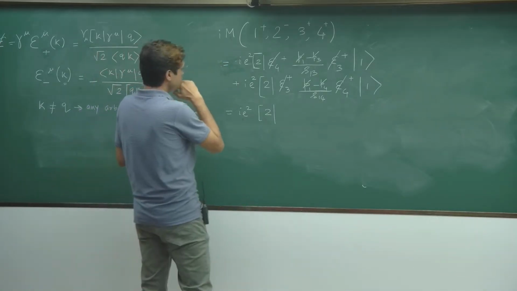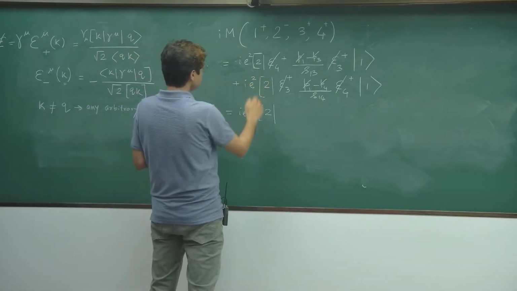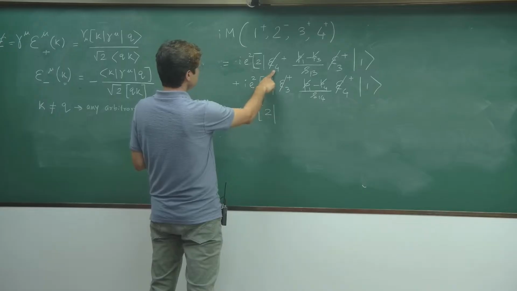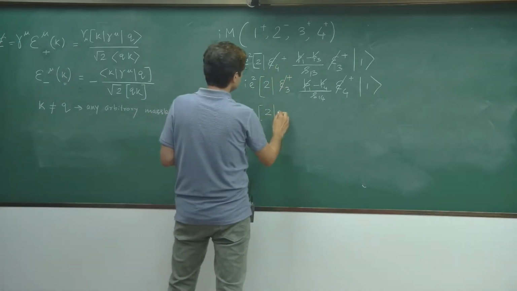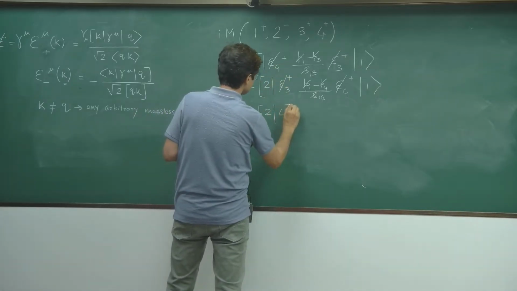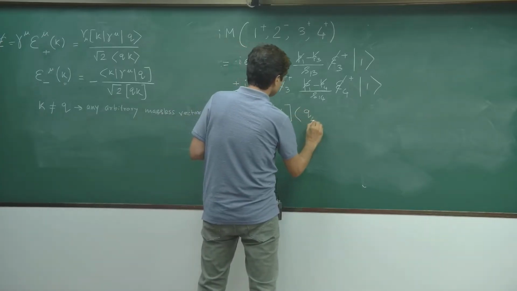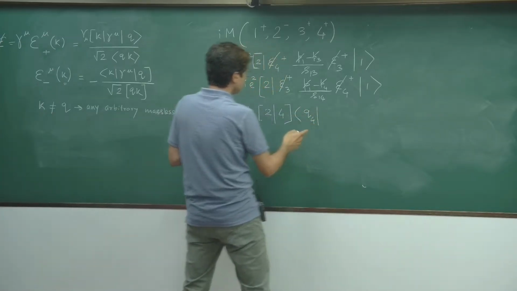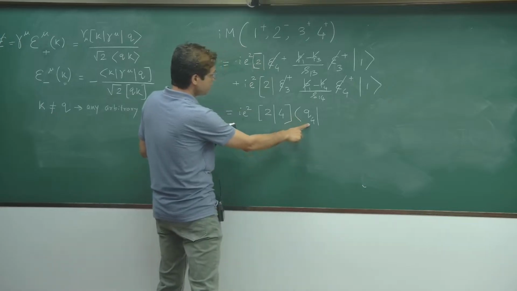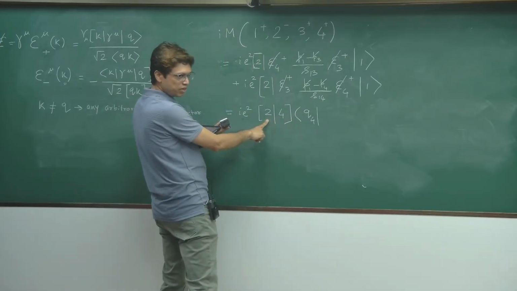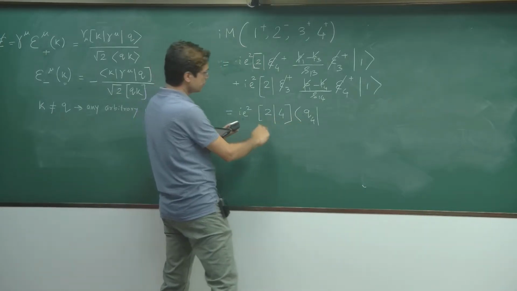Okay, so from the first term, if I expand this epsilon 4 plus, I will get 4 and then the auxiliary vector q4, and the other choice will give me angle contraction with a square, that is 0, right?